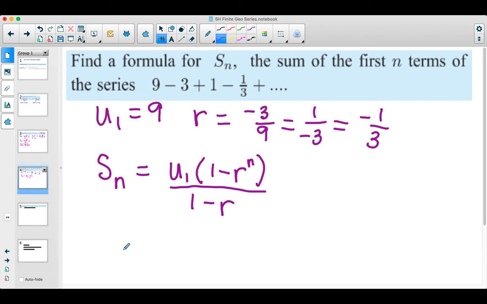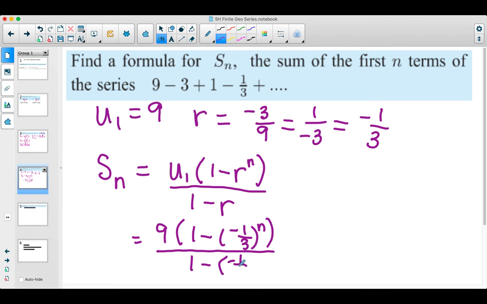And so if we plug our values in, we have 9 times 1 minus -1/3 to the n all over 1 minus -1/3. And then I'm going to come over here.